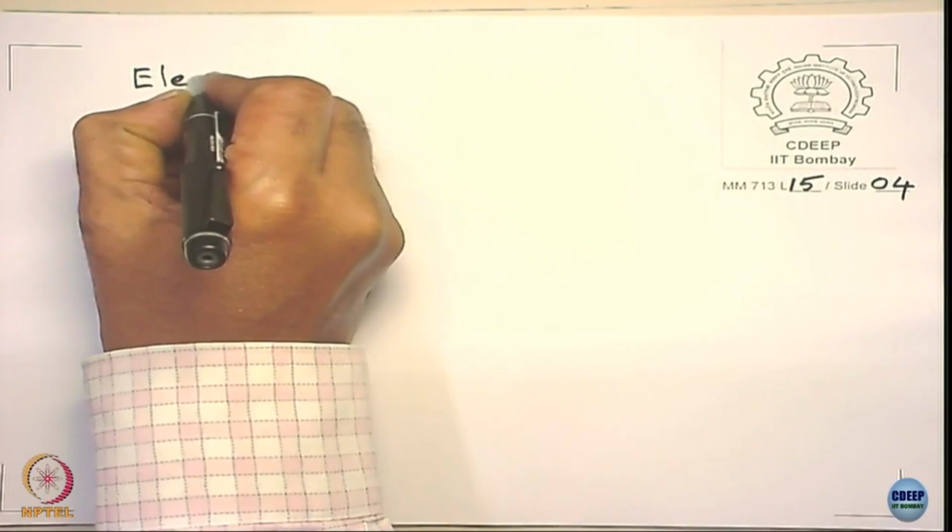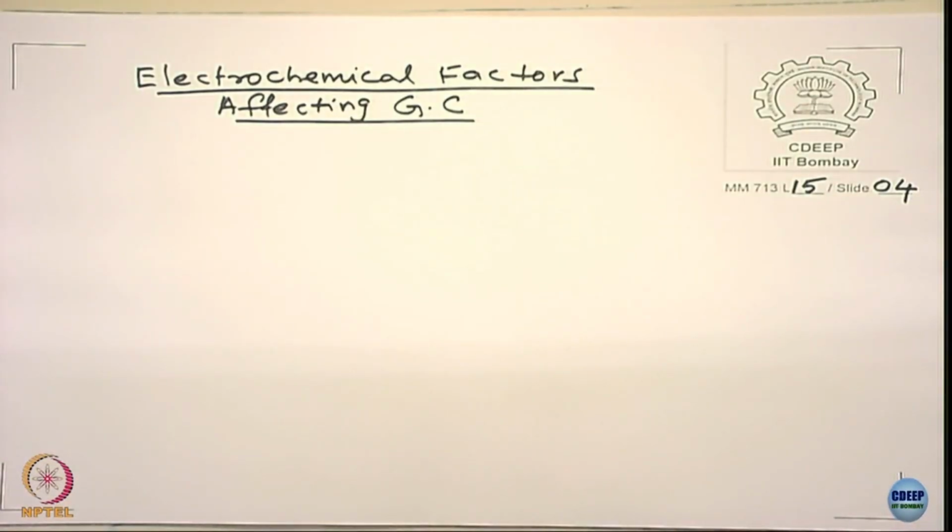The following are the electrochemical factors. We have seen 3 different cases: an active metal and a noble metal, 2 active metals, and in another case, a passive system and a noble metal combination. If I summarize, what are the governing kinetics in each case?